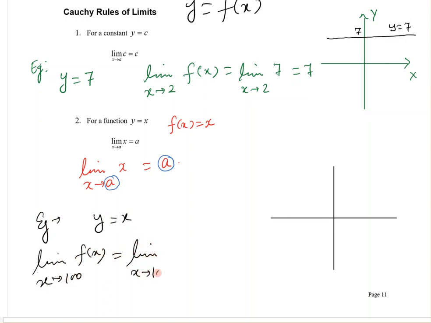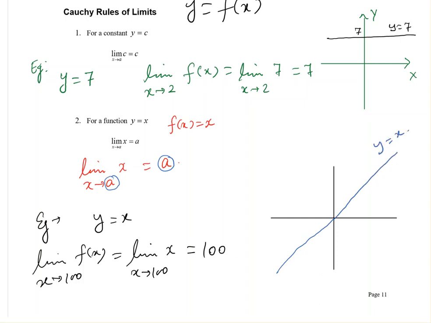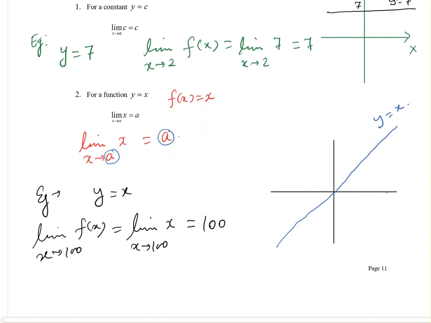Our function is x, so we just get 100. It's the same value as a. We can think of this as our function y equal to x. If you have x value 100 or 5 or whatever, the corresponding y value is going to be essentially the same.